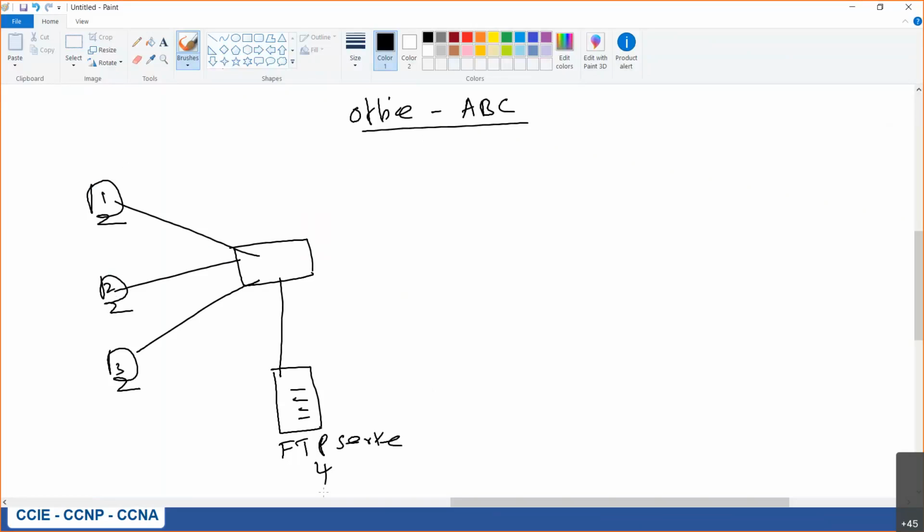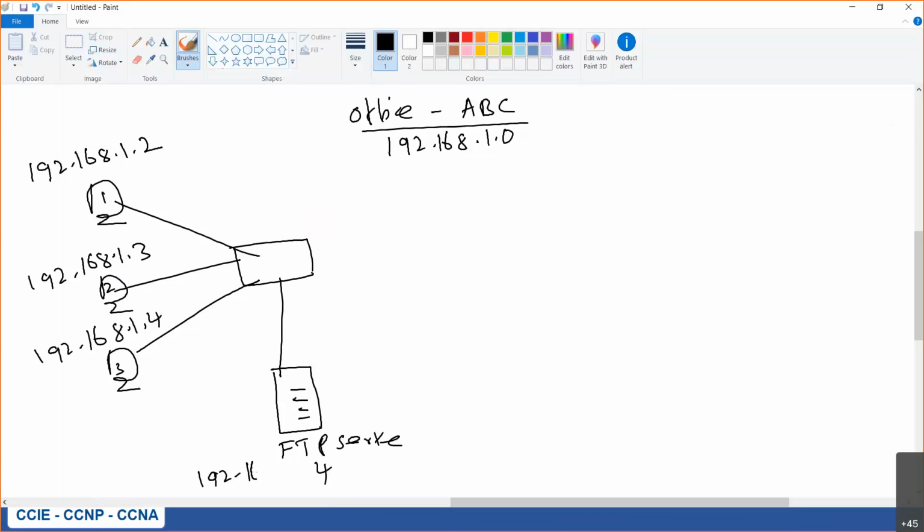Class C. For example 192.168, let me use the 1.0 network. For computers I'm using 192.168.1.2. For the second computer 192.168.1.3, then 192.168.1.4, and an FTP server like 192.168.1.45.